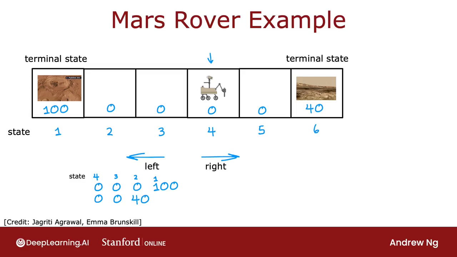One thing the robot could do is start from state 4 and decide to move to the right. So it goes from state 4 to 5, gets a reward of 0 in state 4, reward of 0 in state 5, and then maybe it changes its mind and decides to start going to the left as follows, in which case it would get a reward of 0 at state 4, at state 3, at state 2, and then a reward of 100 when it gets to state 1.